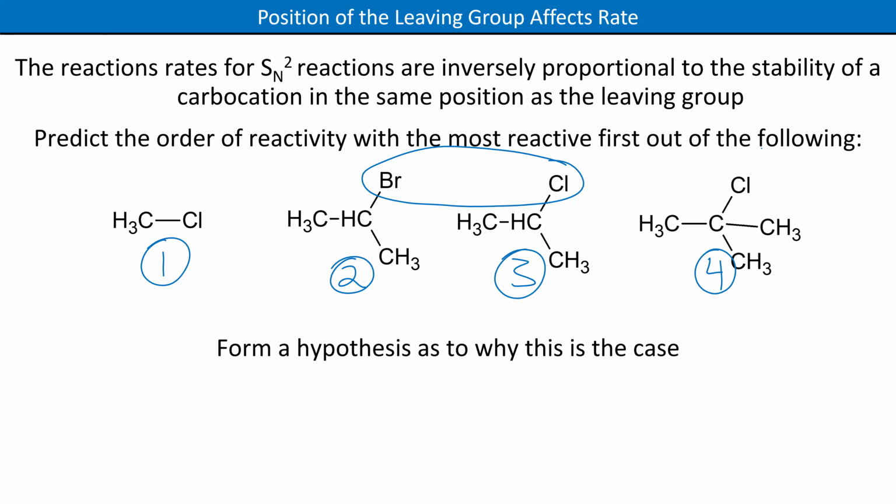So we would expect this to be the slowest reaction. Problem is, that's not what we actually observe. It has 3 methyl groups.